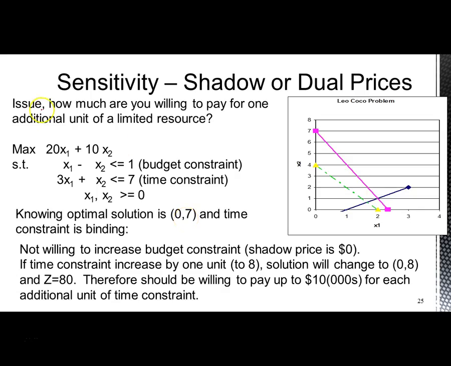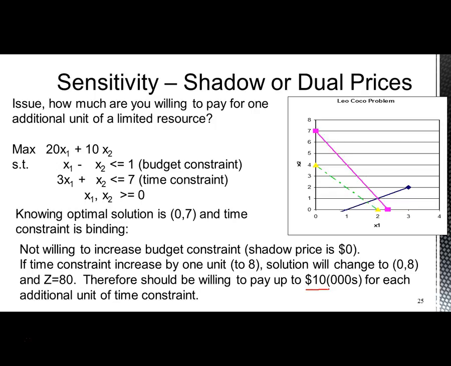So now next is how much are you willing to pay for one additional unit of a limited resource. Say we have the same thing as I showed you. If I add one unit, what change does that make? It will change up to $10,000, as it is $10,000 per unit.